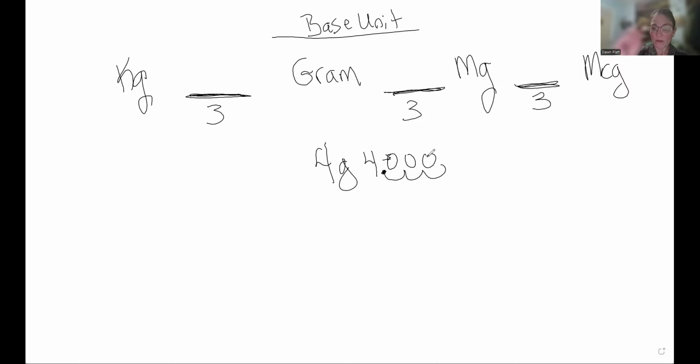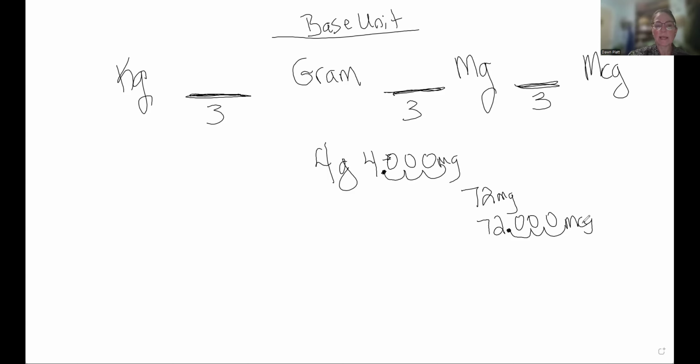But if I start with milligrams, let's say I have 72 milligrams, and I want to go to micrograms, I'm going to do the same concept. 72, there's my decimal point. I'm going to move it 1, 2, 3, and add my zeros. So this would be milligrams here, and this would be micrograms.